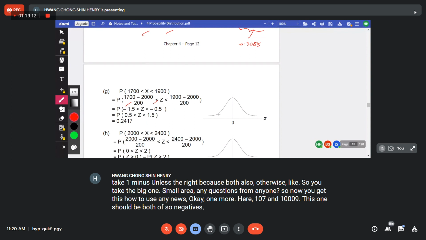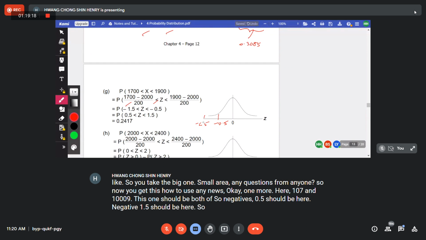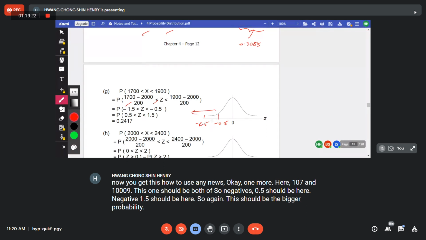So negative 0.5 should be here, negative 1.5 should be here. So again, this should be the bigger probability minus the smaller one, like just now, 0.2417, between negative 0.5 and negative 1.5.